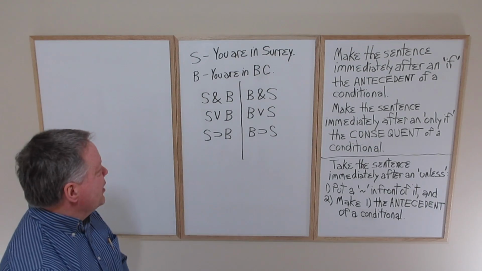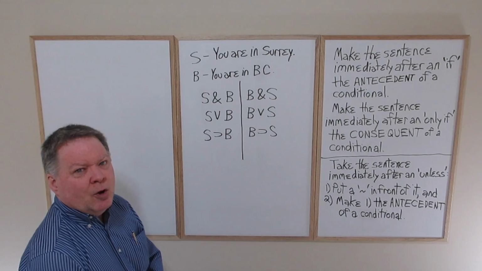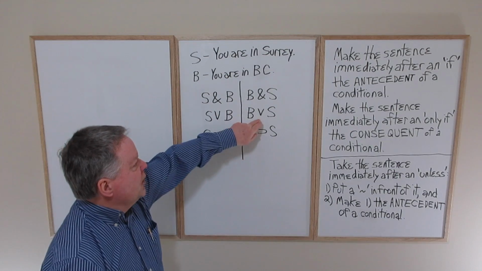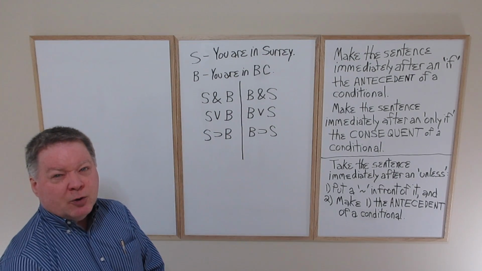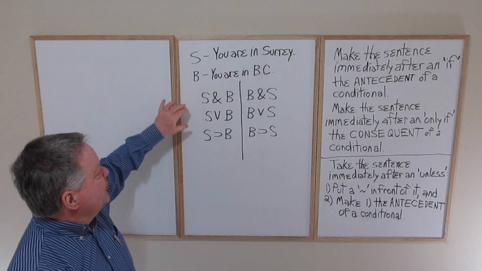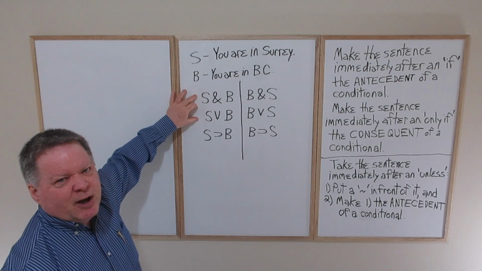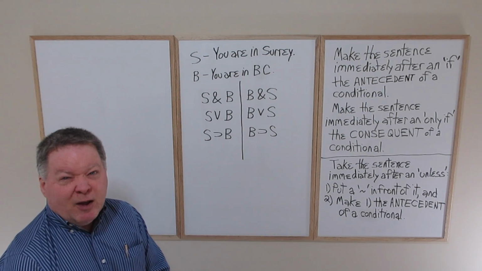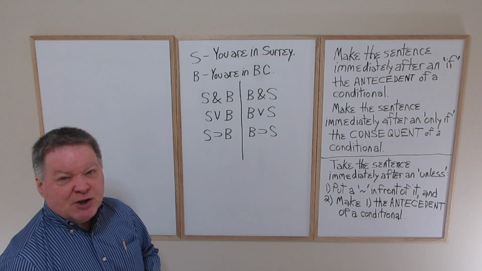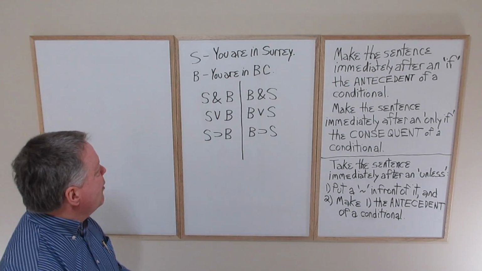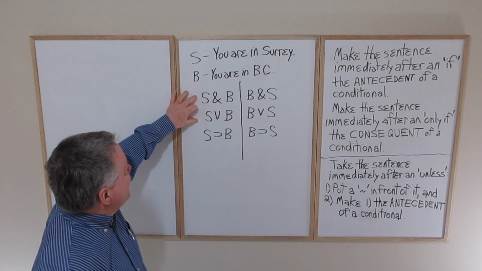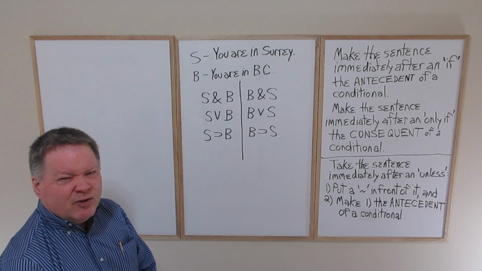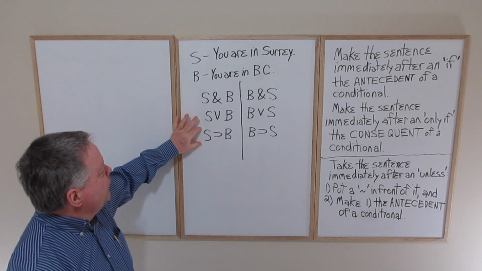Same thing with the disjunction. You're in Surrey or you're in British Columbia, or both possibly. You're in British Columbia or you're in Surrey, or both possibly. So with these two, it doesn't matter which order the two parts come in. That doesn't affect the nature of the commitment about how the world is that you're making by asserting one of these symbolic claims.